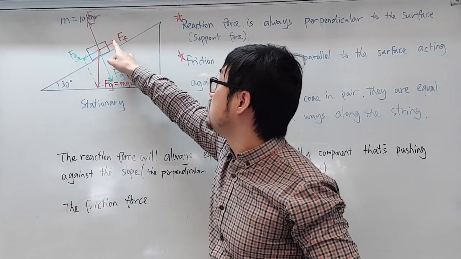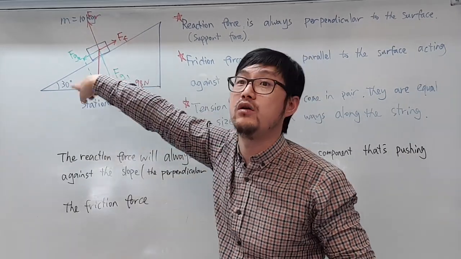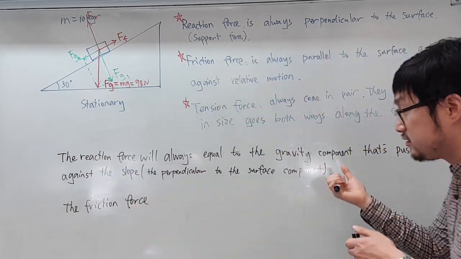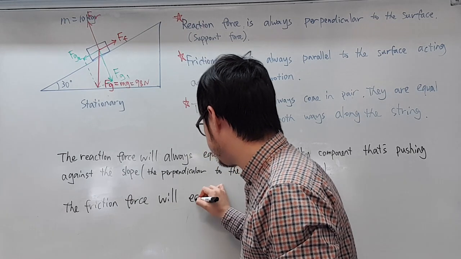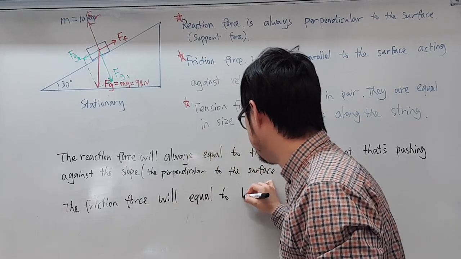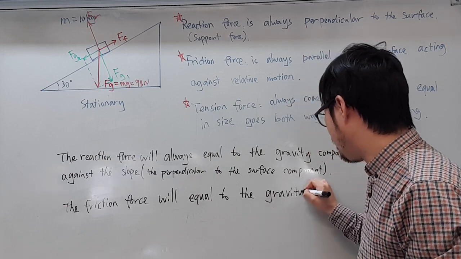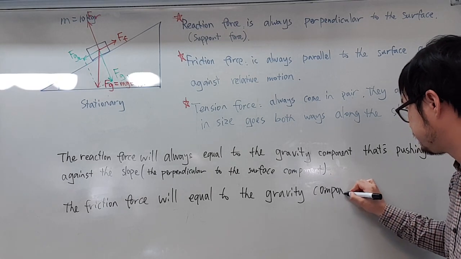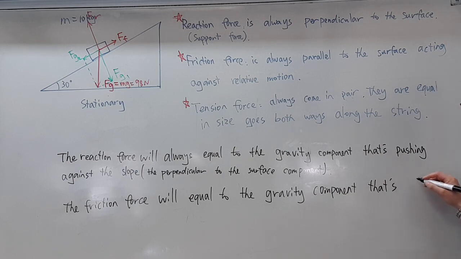But for the moment over here, because I know it's stationary, the friction force must equal the force going downwards, right? So I'll say over here the friction will equal the gravity component. Again, it's not gravity, and it's not another force, it's the gravity component going down the slope.